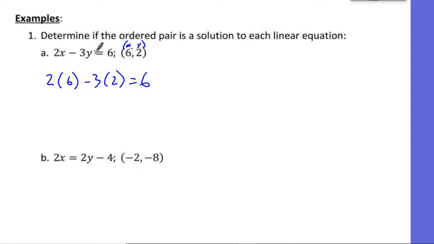Again, it's a good habit to get into to use parentheses every time you substitute a value or an expression into an expression or equation. 2 times 6 is 12. Negative 3 times 2 is negative 6. And that equals 6. Okay. 12 minus 6 is 6, which equals 6. This is a true statement. So it checks. The point 6, 2, that ordered pair representing that point, is found along the graph of this line.